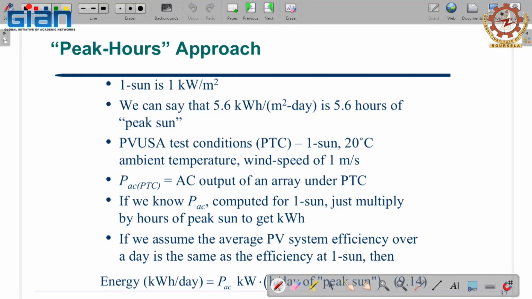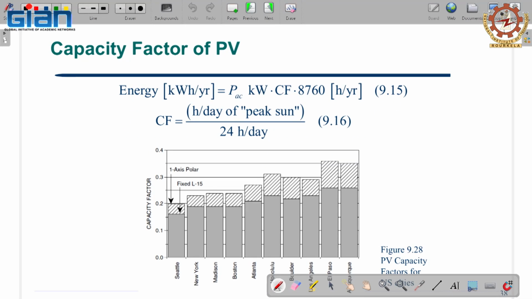I am not going into the capacity factor, similar to what we call the plant factor, plant load factor.